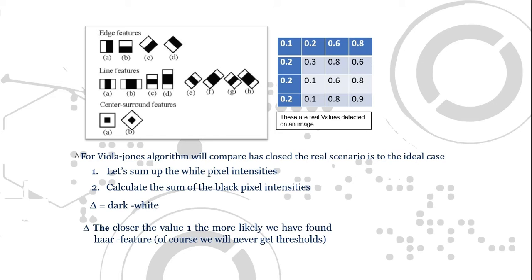It means we sum the white pixel intensities and sum the black pixel intensities, take the averages, and subtract them. When we subtract them we calculate these indexes for Haar features and easily detect a human face. Let's go to other points.